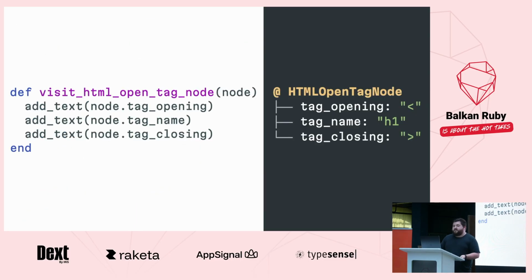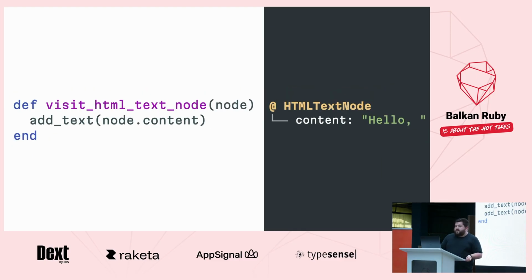So we can go through each of those nodes. For the HTML open tag node, we can see all these parts on the right side, and we can call add text for each of those individually. For the HTML text node, it's just text, so we can just call add text for that. There's nothing more to that.